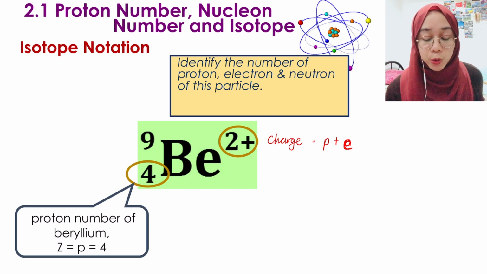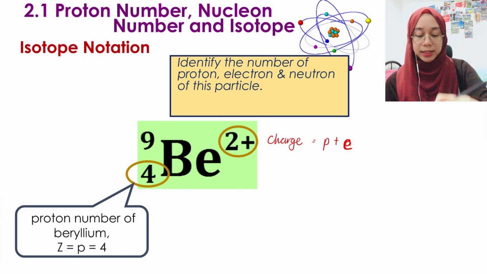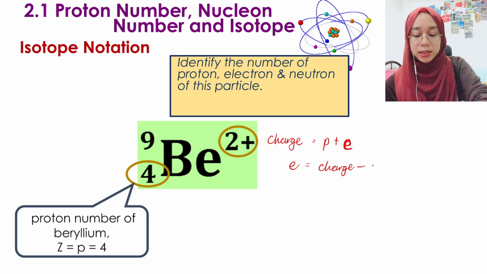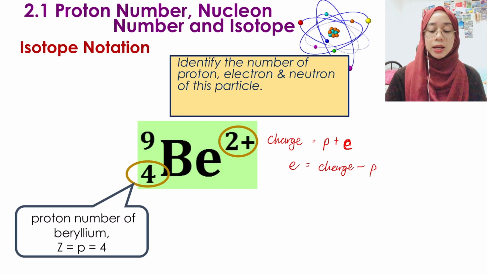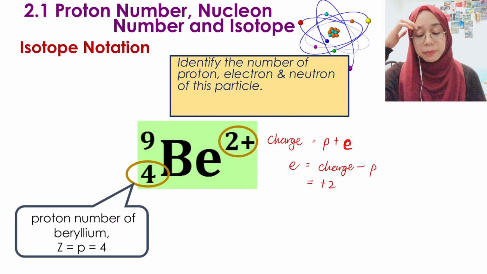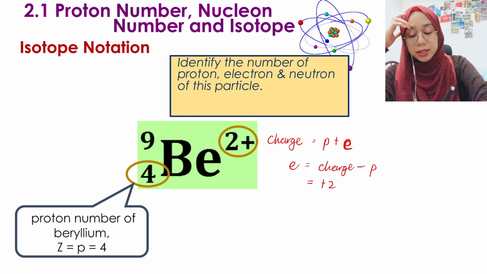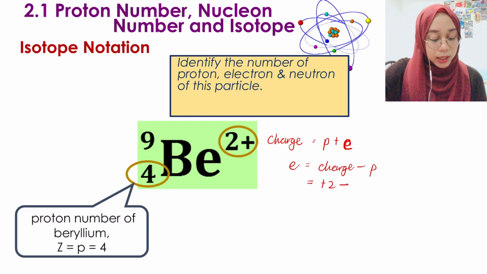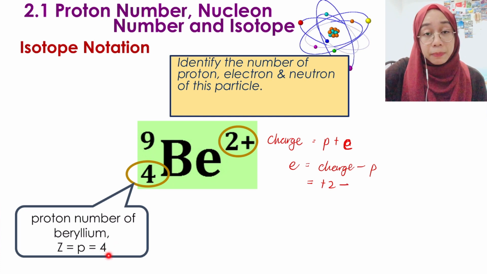So in order for you to know how many electrons there are, now you can rearrange it. So electron will equal charge minus P. Now the charge is positive 2. So positive 2 minus proton.